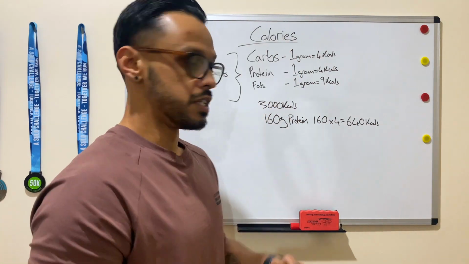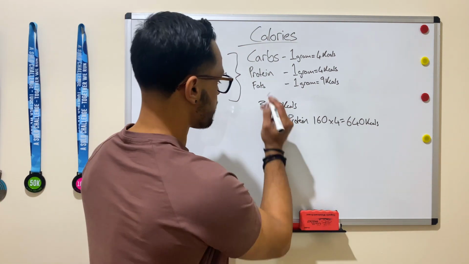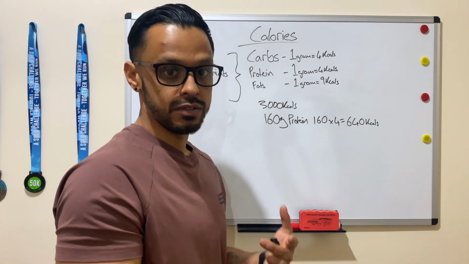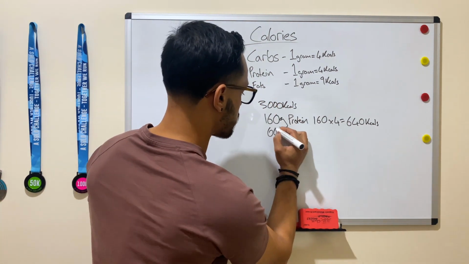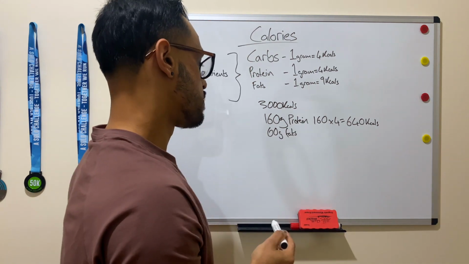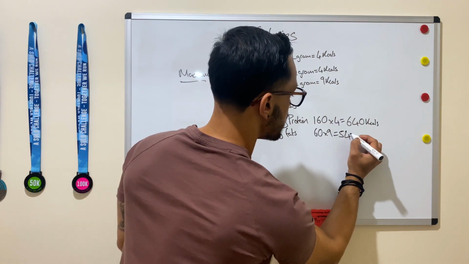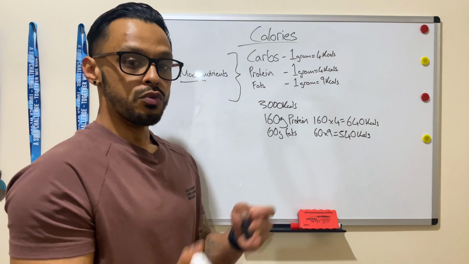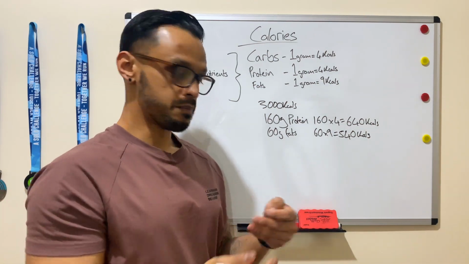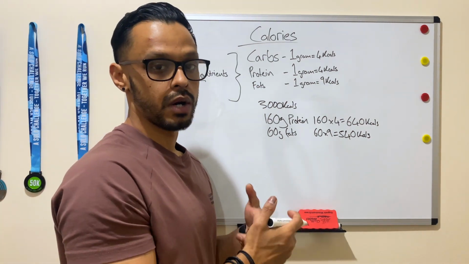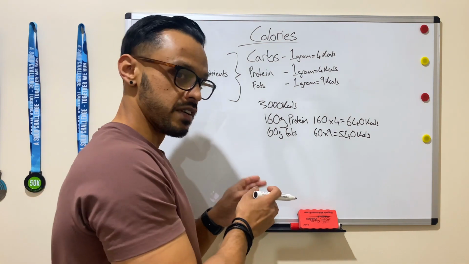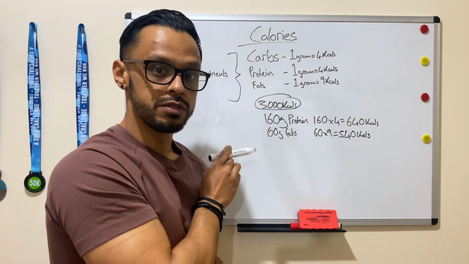Next, you want to work out your fat. For my fats, I aim for around 60 grams of fats per day. So 60 grams of fats is 540 calories. The remainder of my calories are going to be coming from carbs. So how do I work out how many grams of carbs I have left within my 3000 calorie limit?